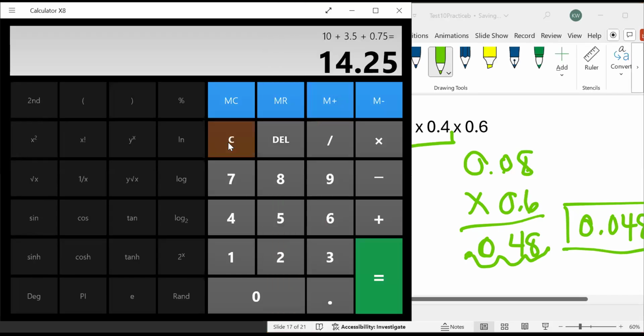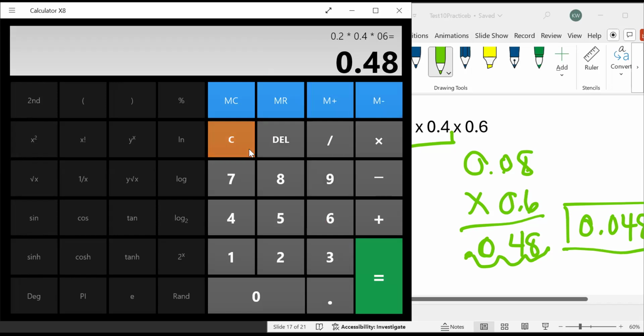Okay, let's see if we have to use parentheses or not on our calculator. We might have to. Let's try it without parentheses first. So we had 0.2 times 0.4 times 0.6 equals 0.48. Oh, you notice it's not the same. That's an indication we may have done something wrong, and it's true.